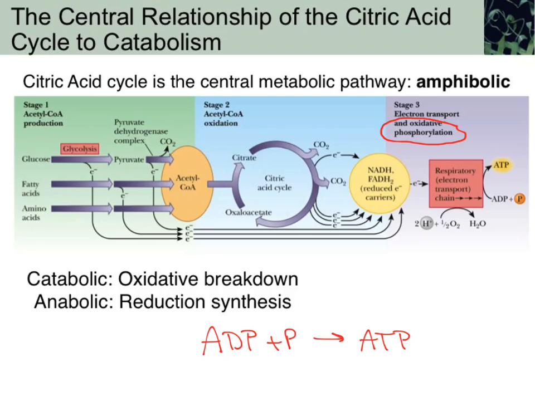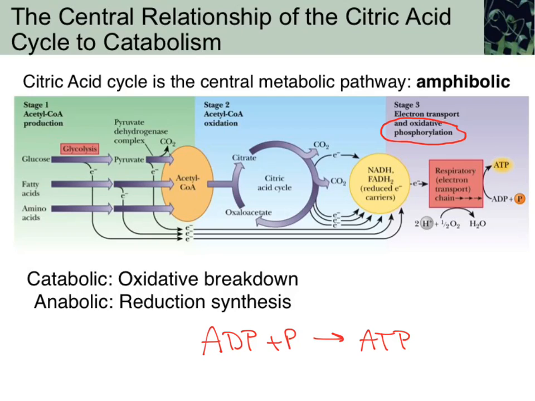Okay. Your citric acid cycle, so some terminology that comes up with this, is the central metabolic pathway. So it's really what's controlling a lot of individual things. We've got a lot of different steps within it, and it produces a lot of individual pieces that can go out into other pathways.